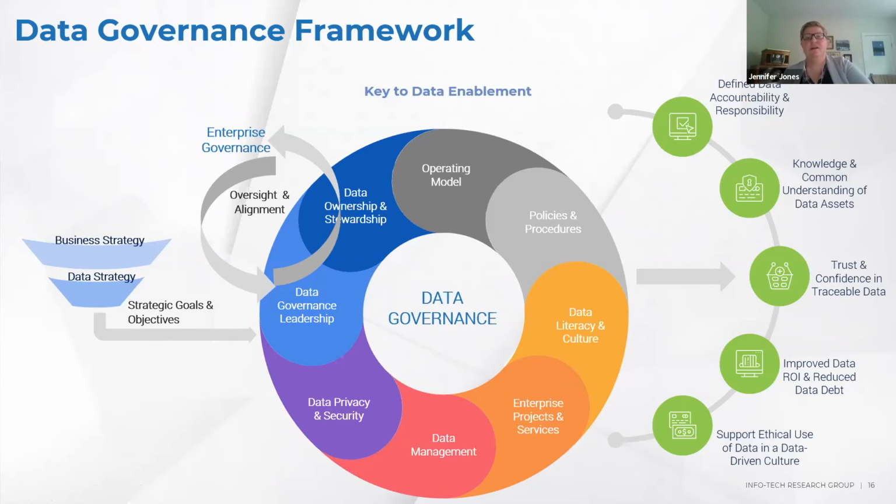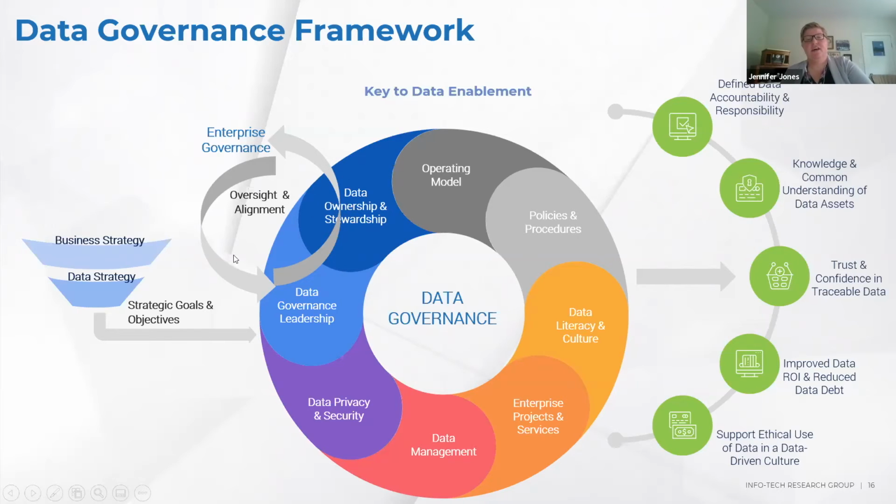So things like establishing an operating model, defining policies and procedures, encouraging a culture of data literacy, enterprise projects and services that have a severe impact on data governance, your overall stance of data management, data privacy and security, the leadership that underpins your data governance model, and then your stewardship model as well.